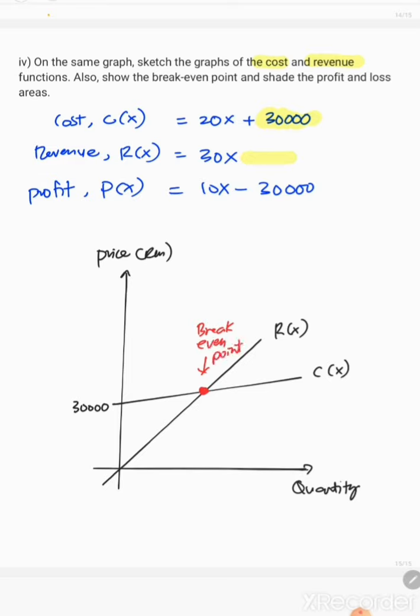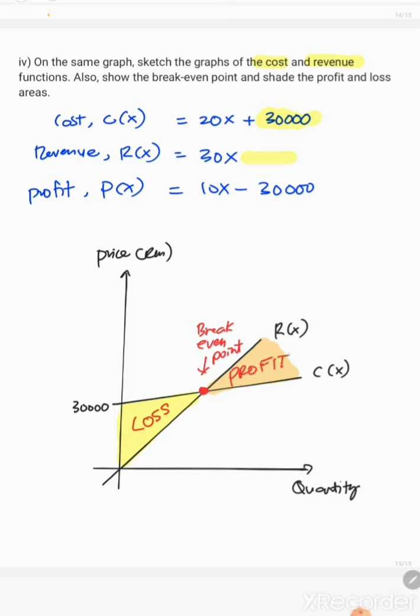In the exam you have to label it, otherwise marks will be deducted. Which area is the profit and which is the loss area? The loss area is where the quantity is less than the intersection point we got just now, and this other area is where the company earns a profit.